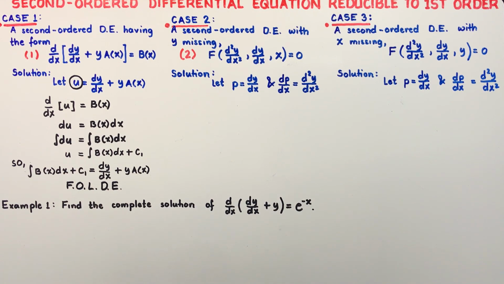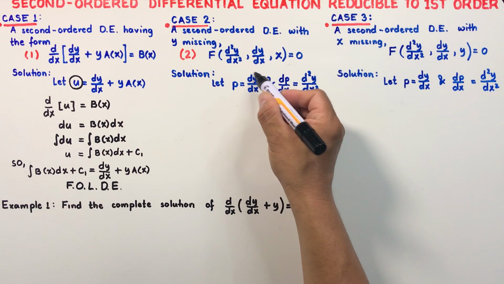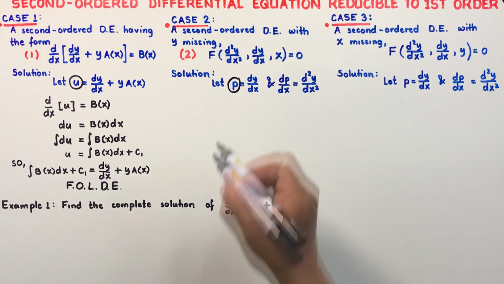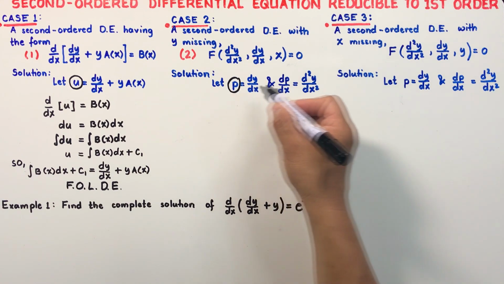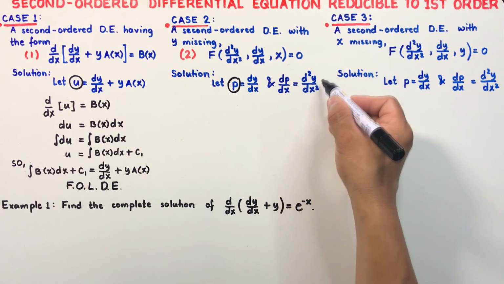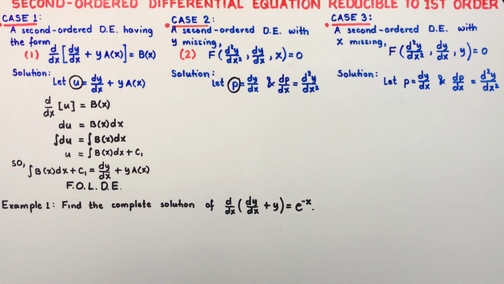When this happens, this differential equation can be reduced to a first-order differential equation when you let the first derivative be p. And if you get the derivative of p with respect to x, that is already the second derivative of y with respect to x.